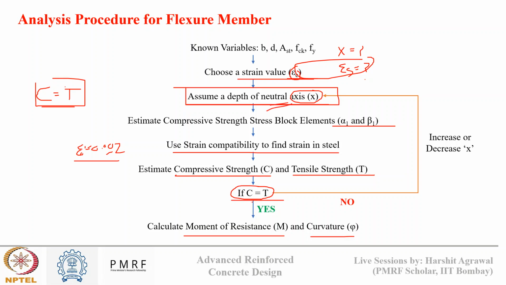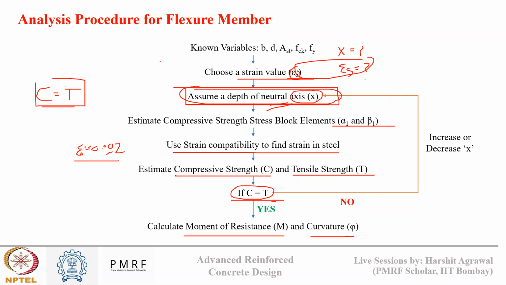However, if it is not true, then we need to make a change in this assumption, whatever depth we assumed. We can either increase this or decrease this based on the need. This is how we do the analysis. This is an iterative process.